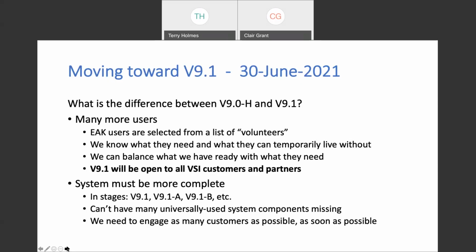It won't all happen at once, but we can't look stupid either. We have to get as many things in place that are universally used, and people will say, yeah, I'm ready to try that. So moving to 9.1 is twofold. It's increasing the scope of the users, and it's getting closer and closer all the time to a more complete system.